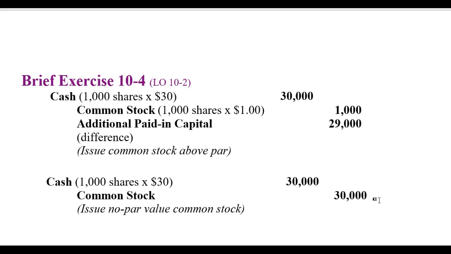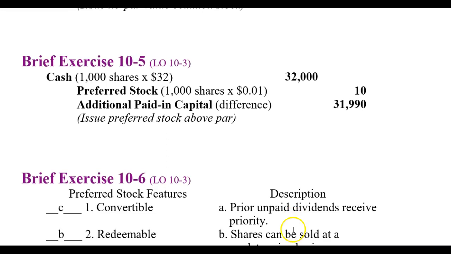The next one, brief exercise 5, right here. On this one we have 1,000 shares being issued, 1 penny per share par value preferred stock, and they sell it at $32 per share. Here we have an extreme example of the price the stock is being sold for compared to the par value.